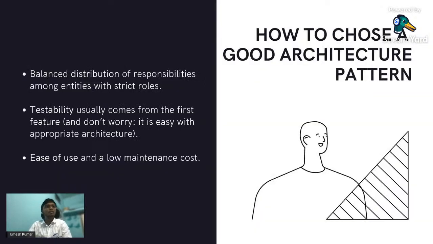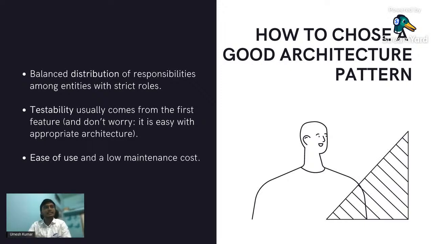Then, how to choose a good application architecture for your application? There are three main characteristics of a good architecture pattern. The first one is balanced distribution. For any system, the distribution must be balanced in such a way that memory consumption and RAM are used efficiently, so the load will be kept in a distributed manner and the app will run perfectly. The second is testability.